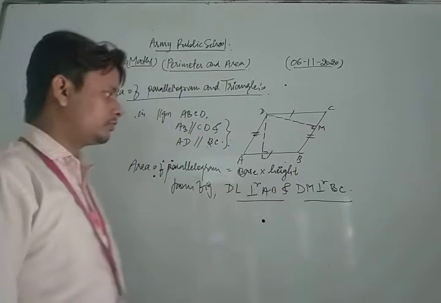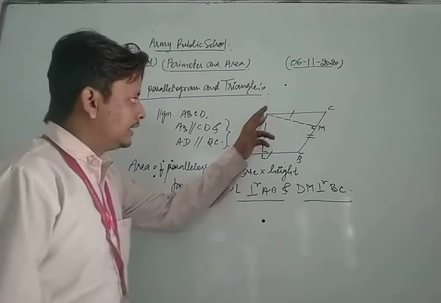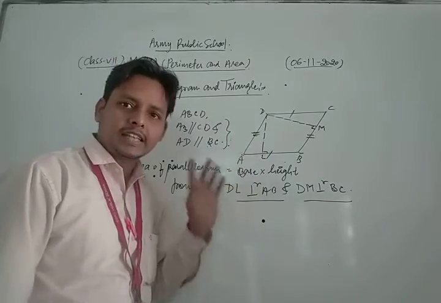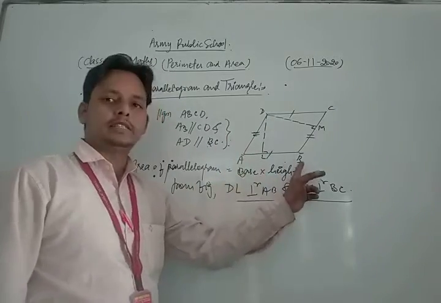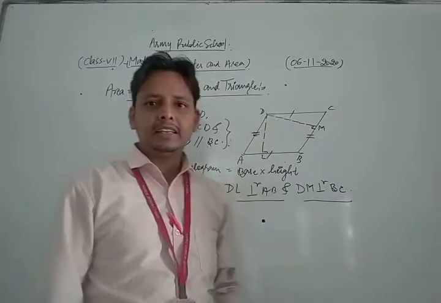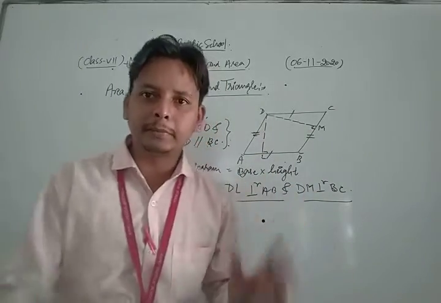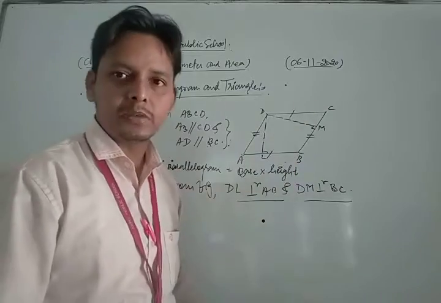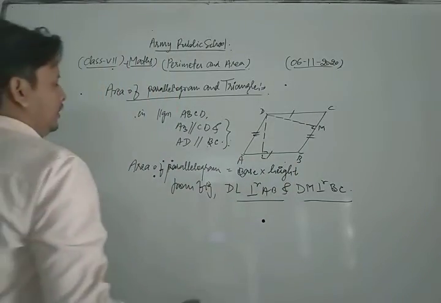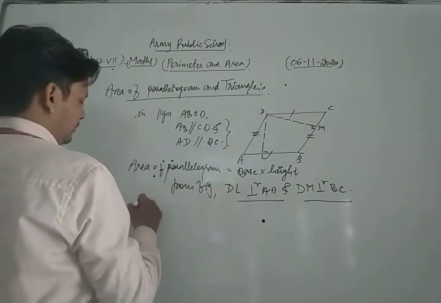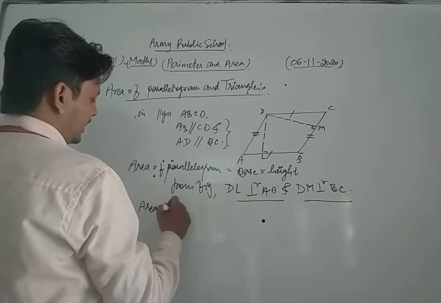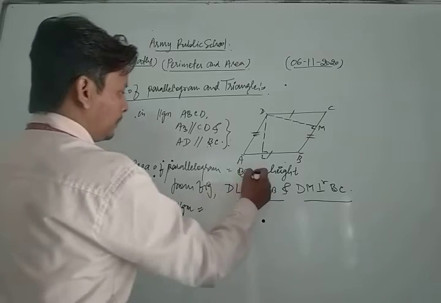Now, dear students, we take DL as the height corresponding to the base AB, and DM is the height or perpendicular corresponding to the base BC. Thus, the area of a parallelogram is base into height.